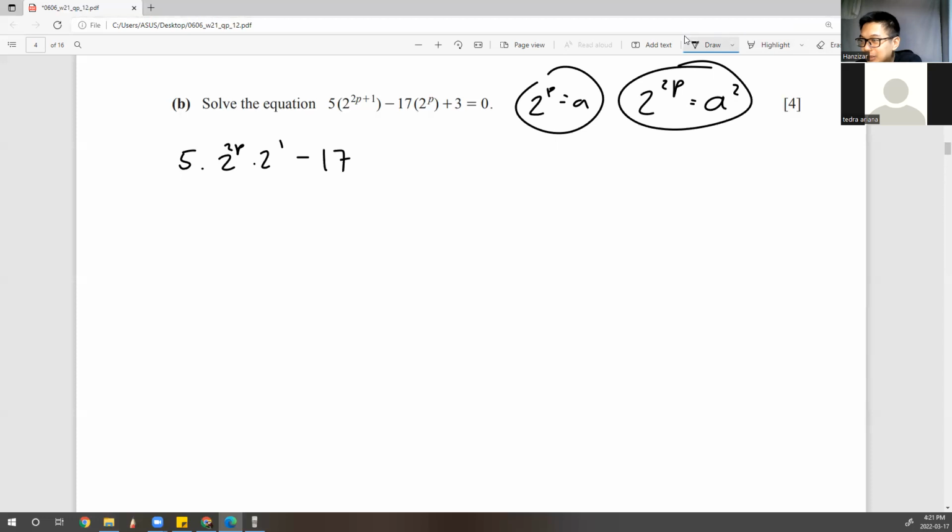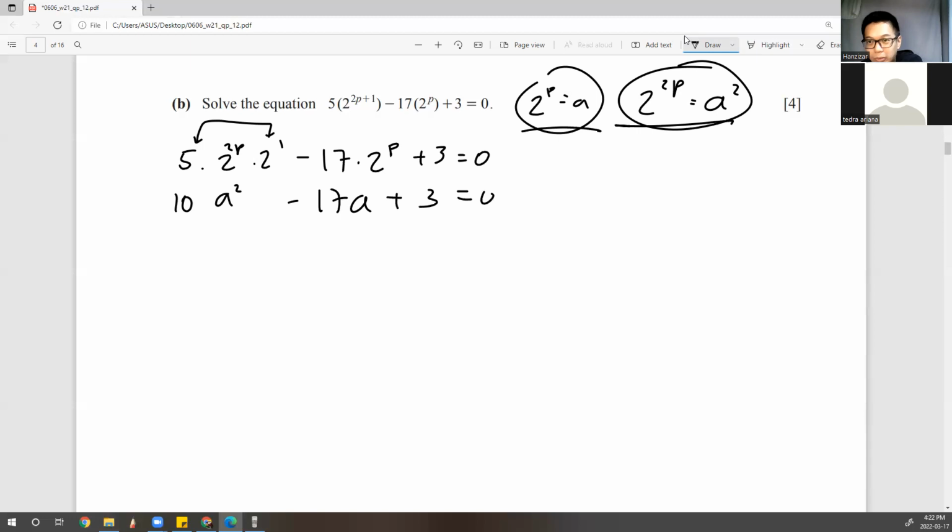Minus 17 times 2 power p plus 3 equals 0, right? Change every number that consists of p to what we already simplified here. So 5 times 2 is 10, so 10a squared, right? Multiply this first because it's a number. Minus 17a plus 3 equals 0. And what can you do? Factorize.